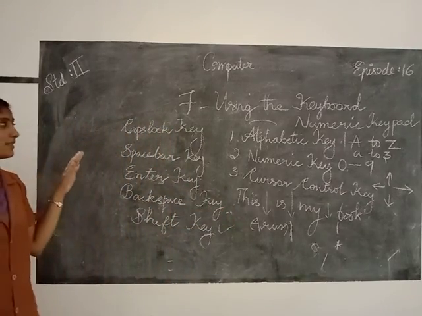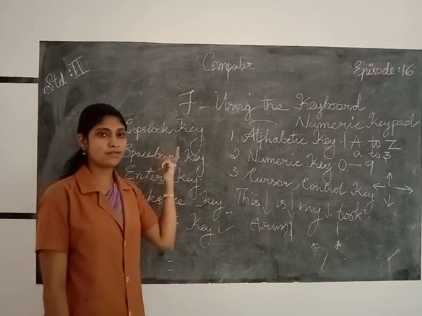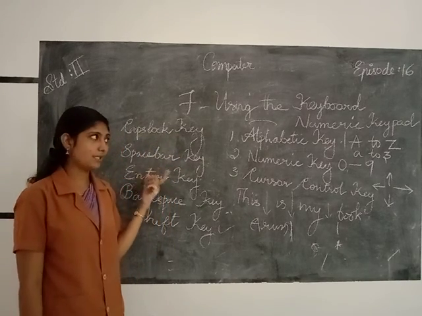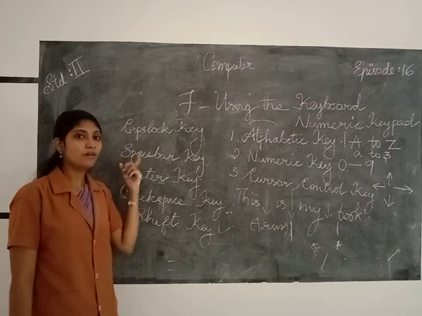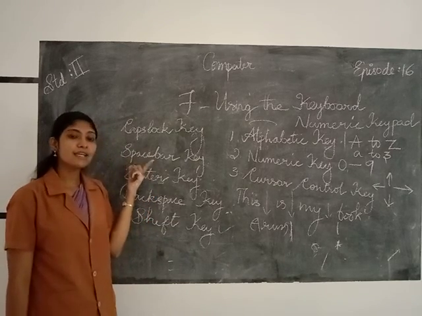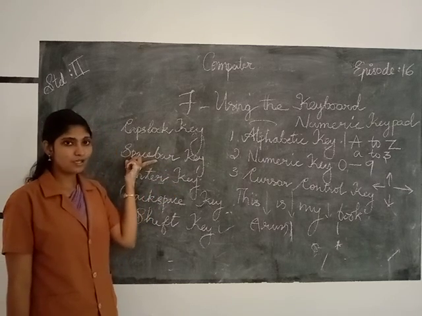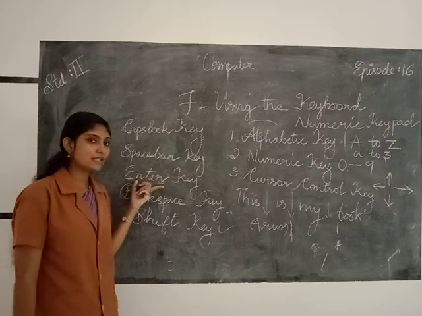Then other important keys are the caps lock key. When the caps lock key is on, you can write the letters in capital. When the caps lock key is off, you can write in small letters. The space bar key gives some space or gap between the words. Third one is the enter key.